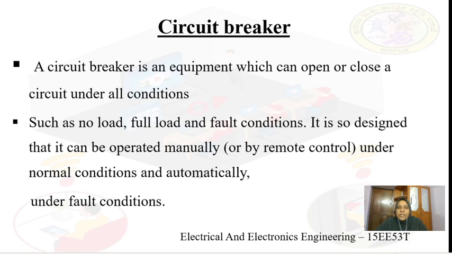A circuit breaker is an equipment which can open or close a circuit under all conditions such as no load, full load and fault conditions. It is designed in such a way to operate manually under normal condition or automatically under fault condition.